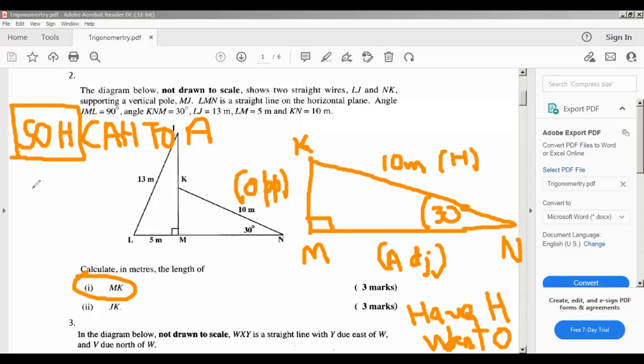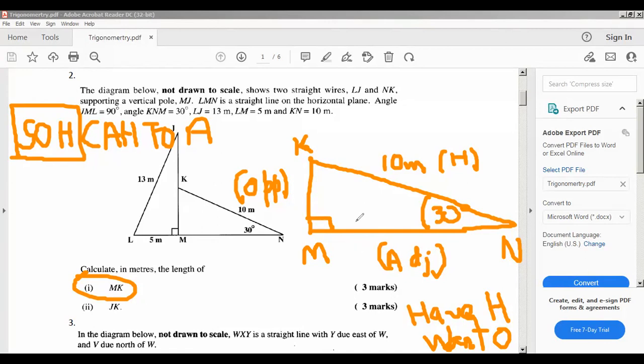You can reason this out another way though. If we want O and we have H, no adjacent was given, and we don't want to find the adjacent.